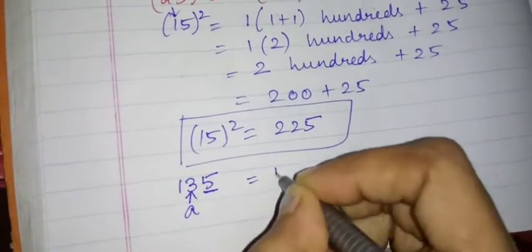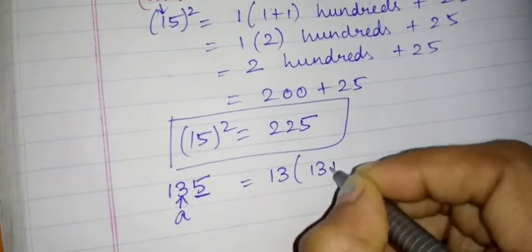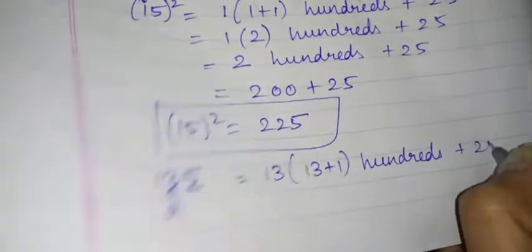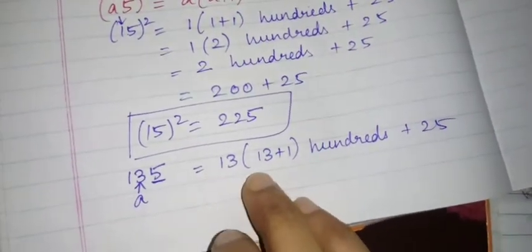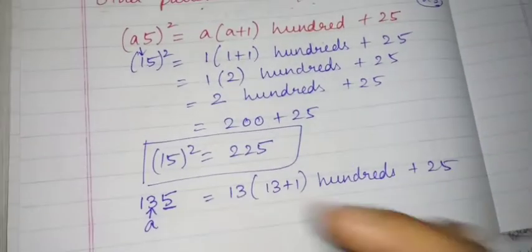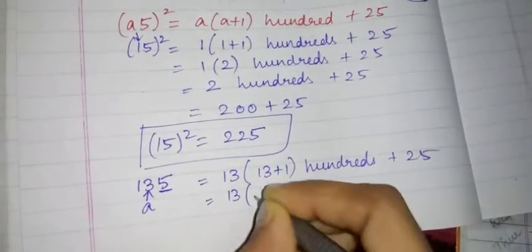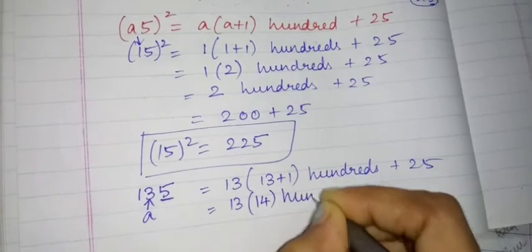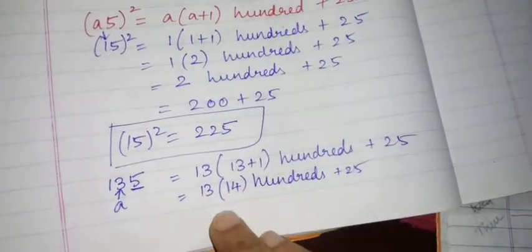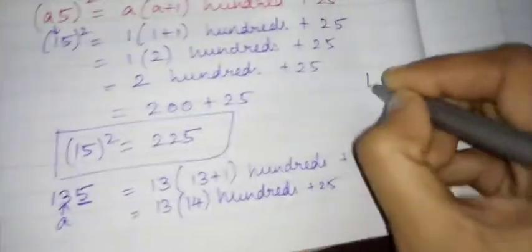Then 13 into 13 plus 1, hundreds, plus 25. This is your formula: A into A plus 1. Here A is 13, so 13 into 14, hundreds, plus 25. 13 plus 1 is 14. So what is 13 into 14, children?